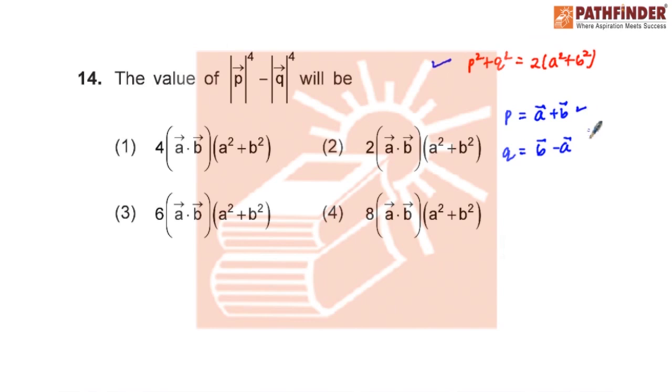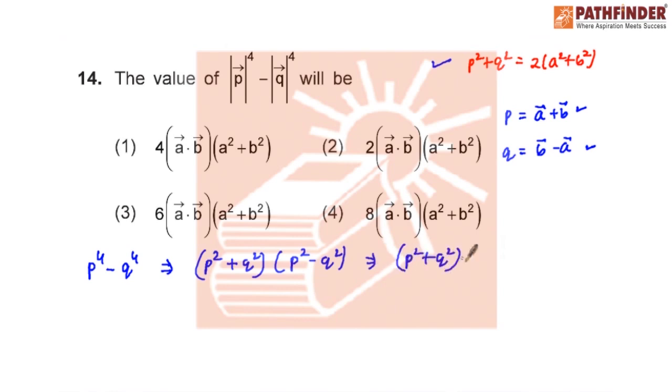Value of P is A plus B and Q is B minus A. Then if we solve this out, P to the power 4 minus Q to the power 4 can be written as P square plus Q square times P square minus Q square, which we can rewrite as P plus Q and P minus Q. So P square plus Q square can be written as twice of A square plus B square.